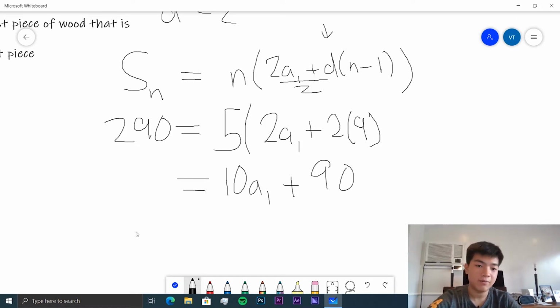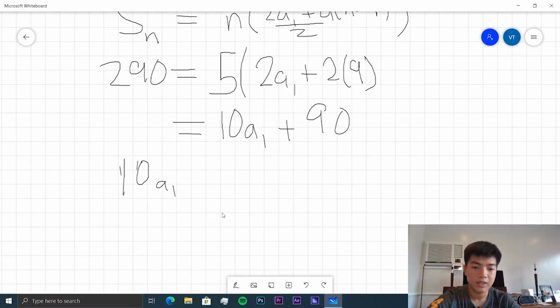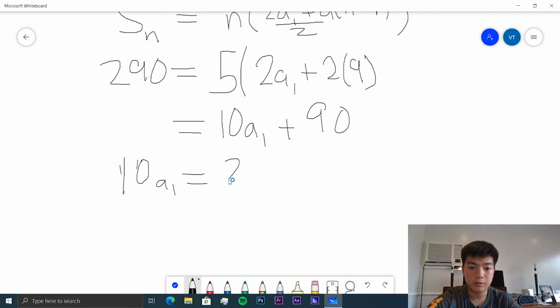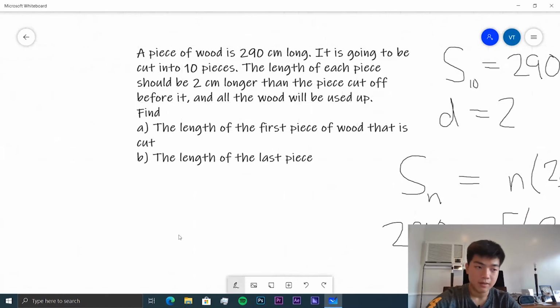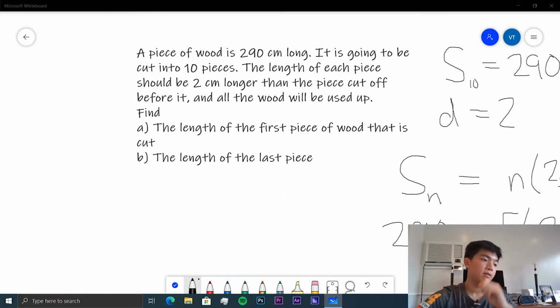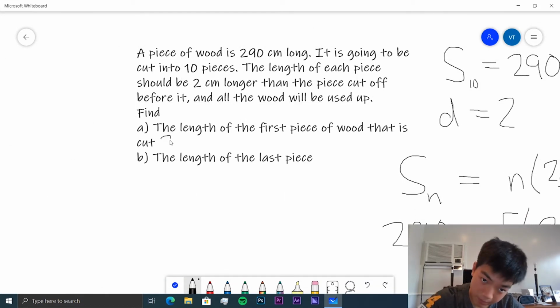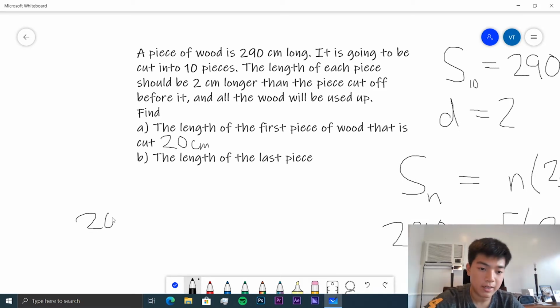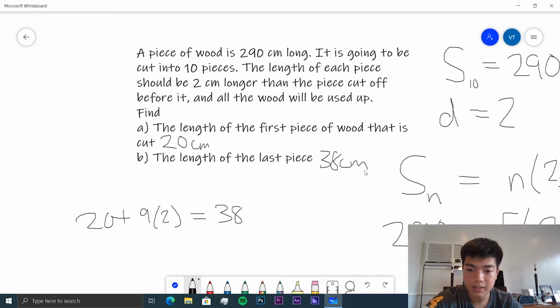So we have 10a1 is equal to 200, so a1 is equal to 20. The length of the first piece of wood should be 20 centimeters. And the length of the last piece is 20 plus 9 times the common difference, which is equal to 38. So the last piece is 38 centimeters.